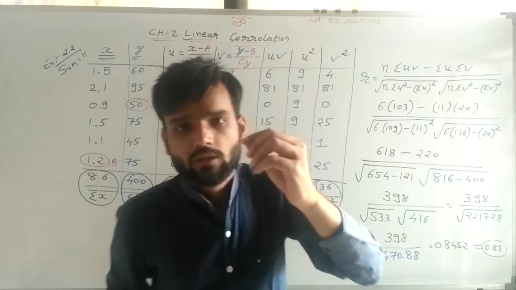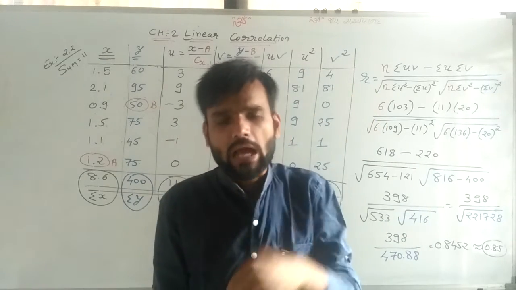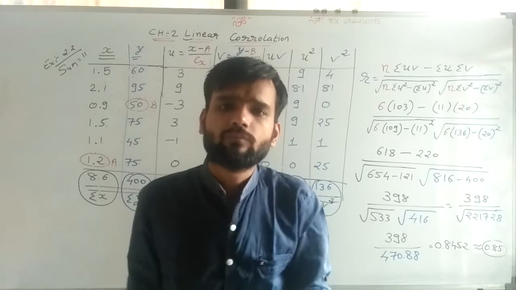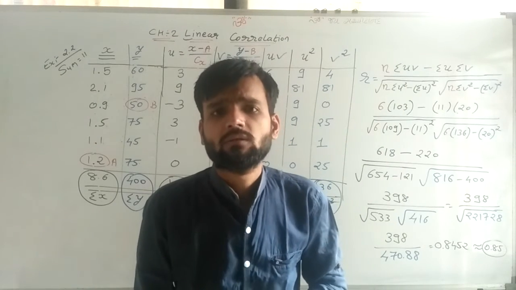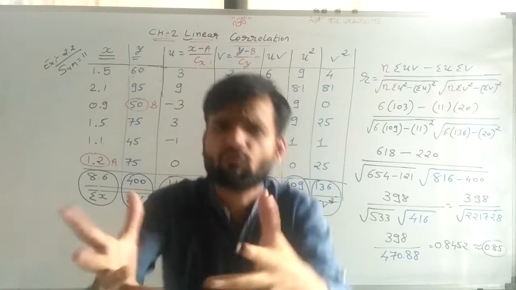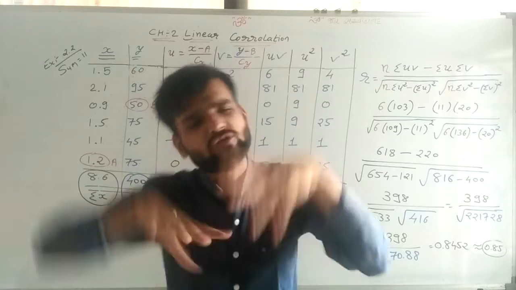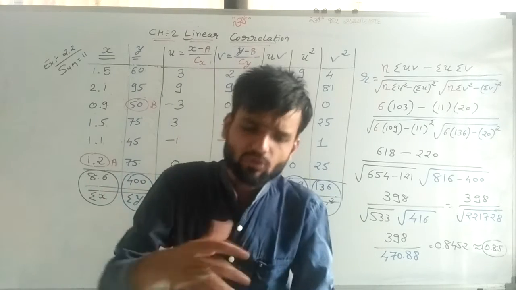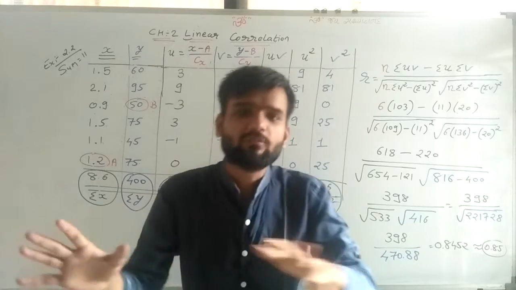Suppose it is a fraction, say 25.75. If we deduct 25.75 from all the values of x, then we get fraction values, and the calculation becomes hard for us, because multiplication of fraction values is in fraction. If it is a natural number, then the calculation becomes easy.